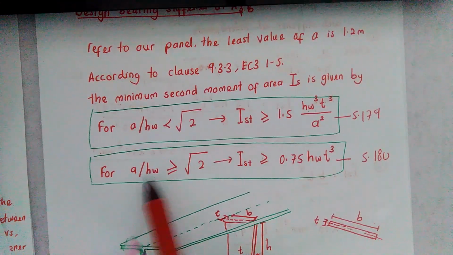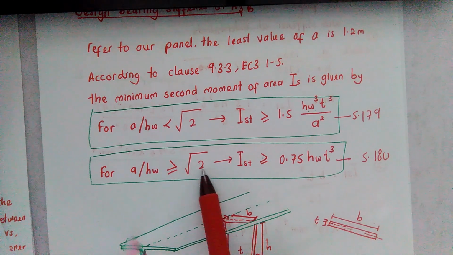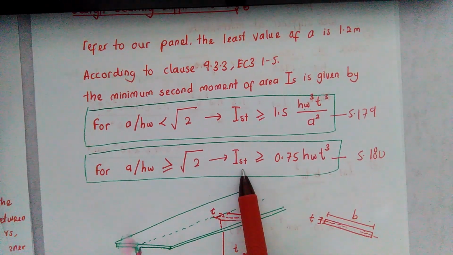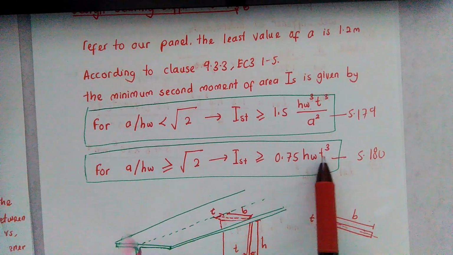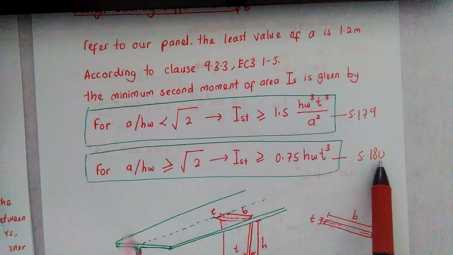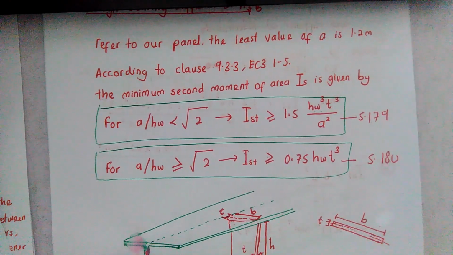But if your A over HW is larger than square root 2, then your second moment of area is given as 0.75 HW T cubed, which is given in equation 5.180.